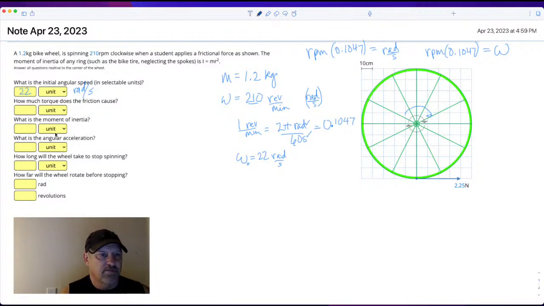And how much torque does the friction cause? So this is question B, I guess, and this is A. Torque equals force times lever arm distance, and the force is 2.25 newtons.